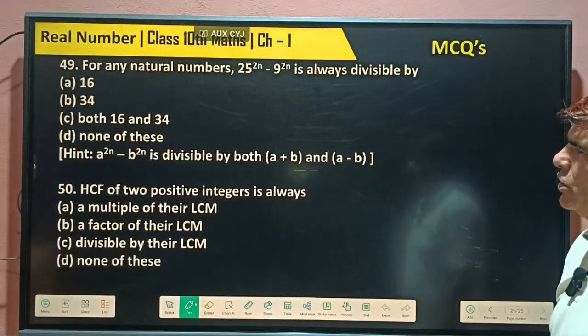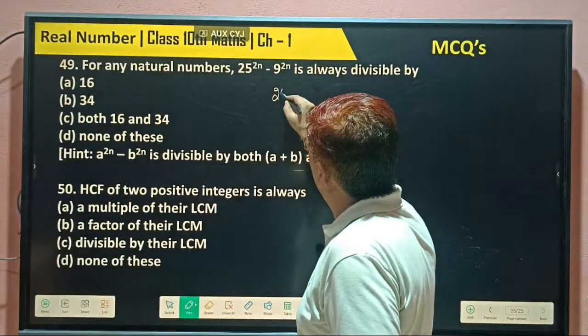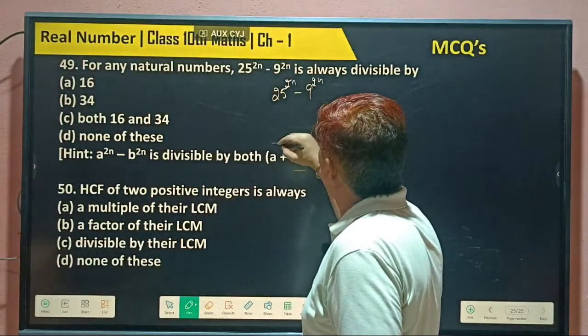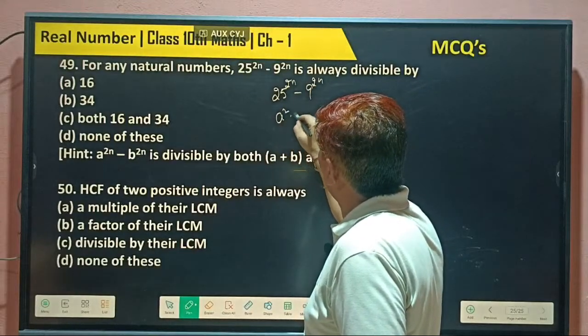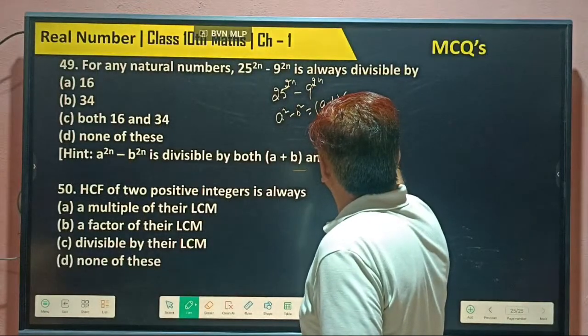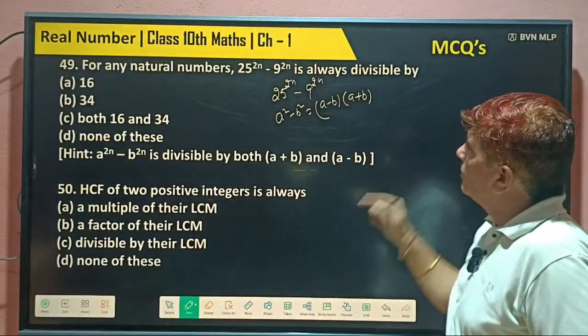So this I already told you. What's given? 25 power 2n minus 9 power 2n. This we can write as a square minus b square, which is equal to a minus b and a plus b.